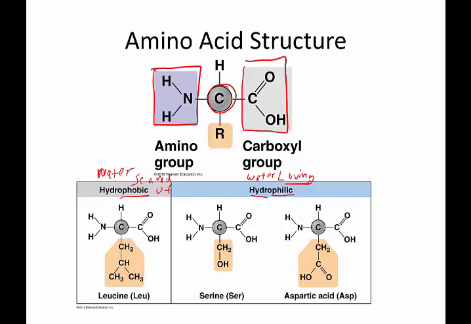So really, in general, the nonpolar amino acids don't like water. The hydrophilic amino acids are usually polar. And so I'm going to introduce you to a concept: like interacts with like.